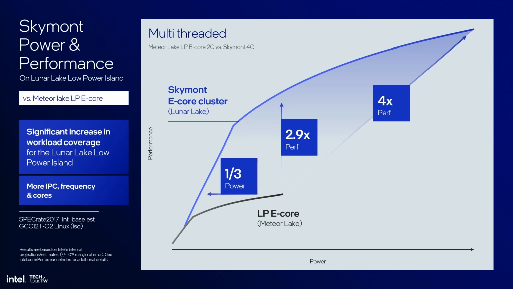So the low power island in Lunar Lake literally has 4x the capability as a low power E-core cluster in Crestmont, in Meteor Lake. So when I talk about coverage, this is exactly what I mean.